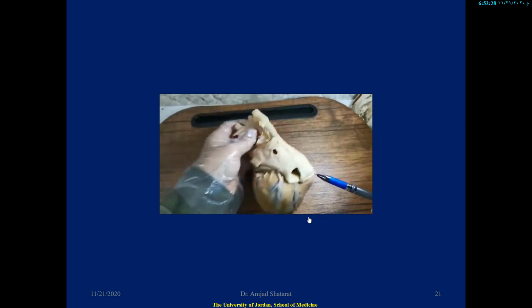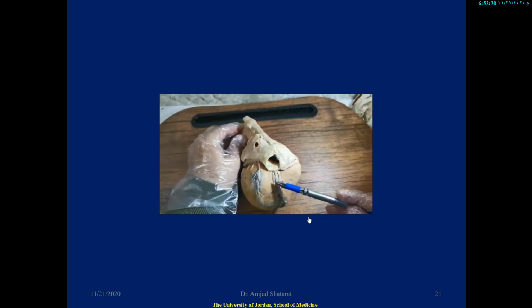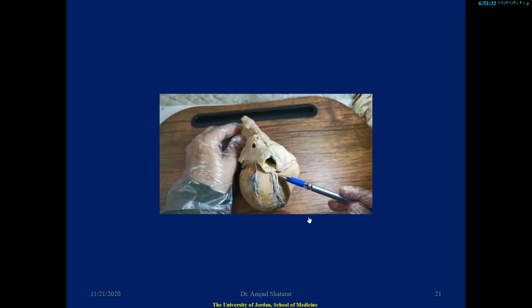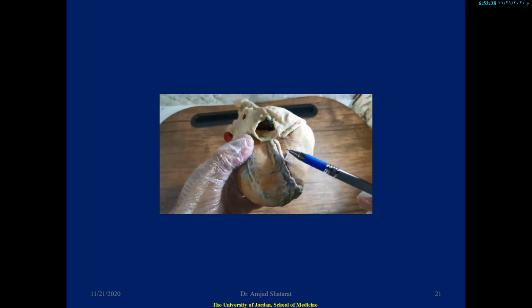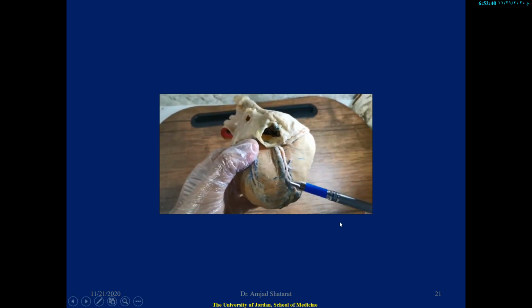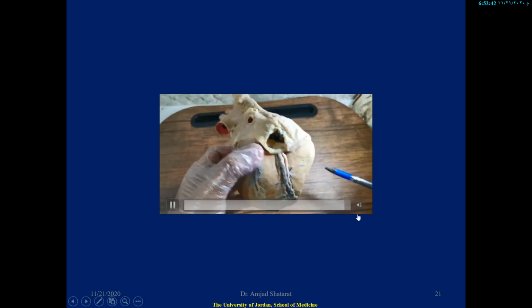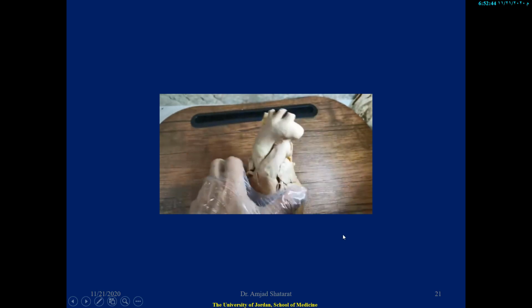On the other side, the posterior interventricular artery runs in this area, as you can see here, accompanied by the middle cardiac vein.